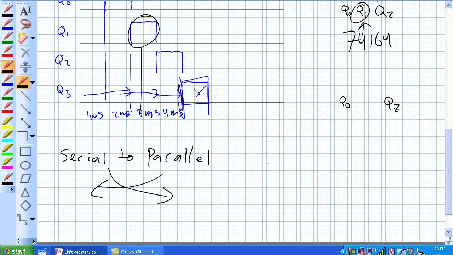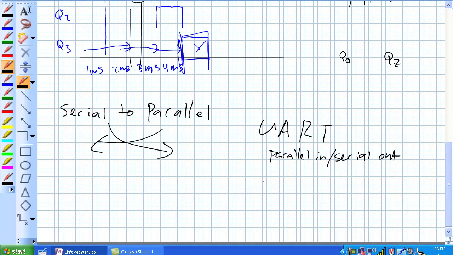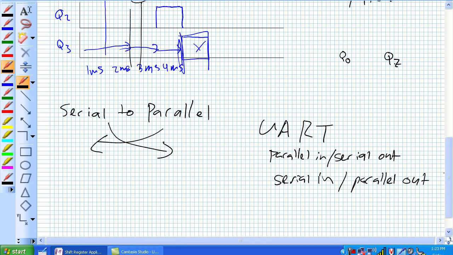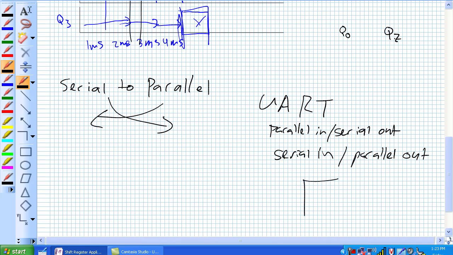And one of the more common applications of this is the universal asynchronous receiver transmitter that has a parallel in, serial out, and a serial in, parallel out. Depending on what mode it's in, it can go either way.